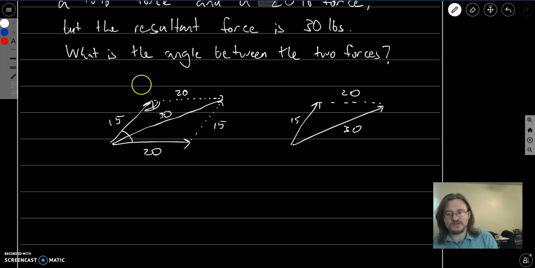So it's useful if we can figure out that angle, because this is just the supplement of it. The angles opposite one another are going to be equal. So this angle and this angle are the same. That angle and that angle are the same. And these guys add up to 180. So if I know that one, it's pretty easy to find this one. So let's find that angle there.